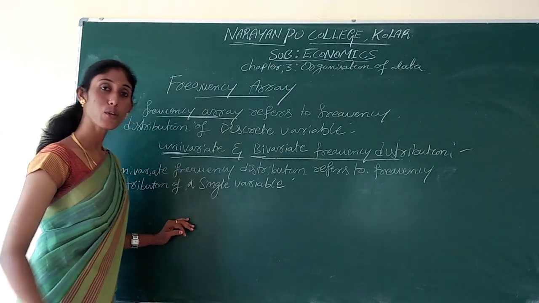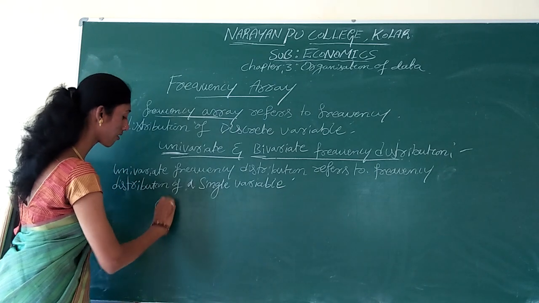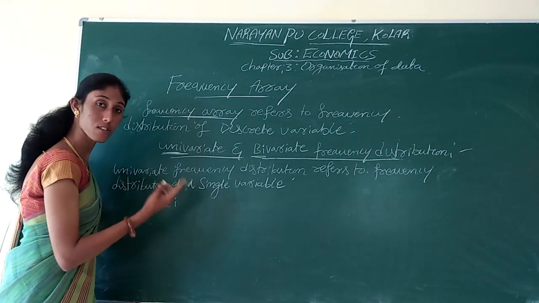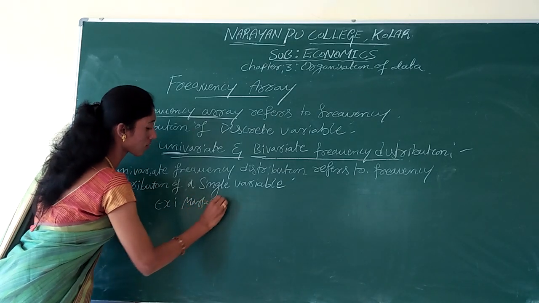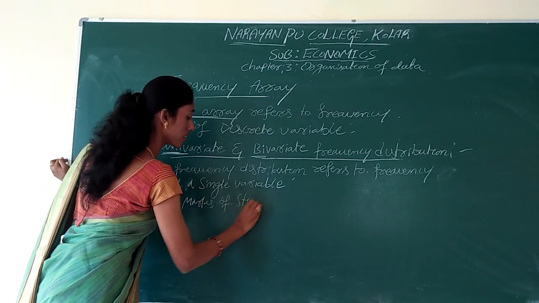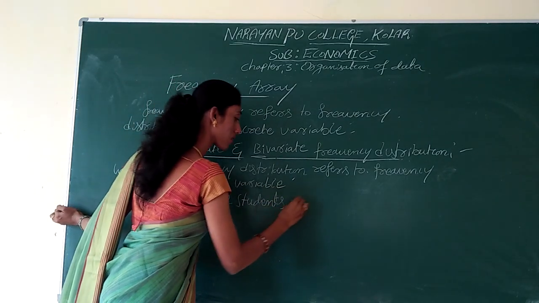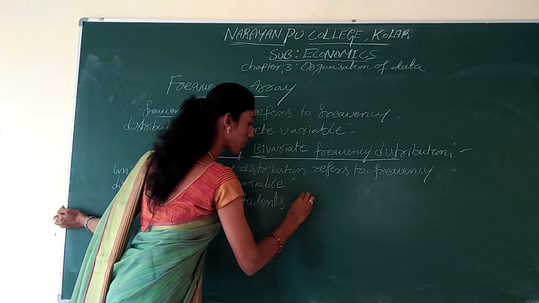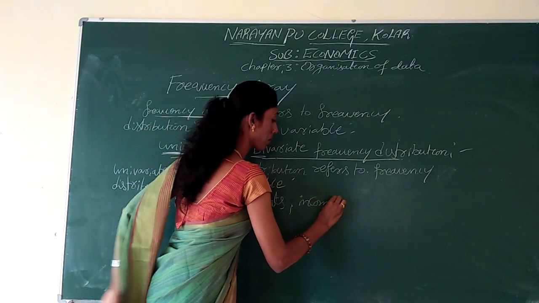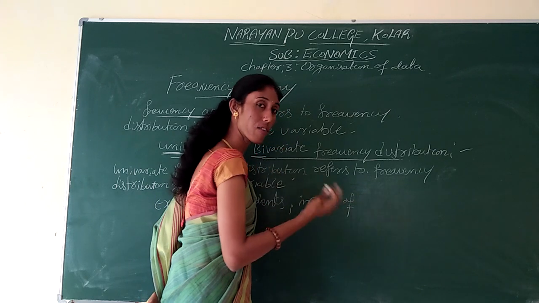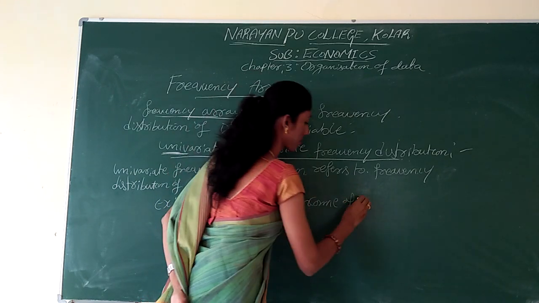It is nothing but univariate frequency distribution. If you want, you can give an example: marks of students, or one more, income of persons, or we can also take income of families.